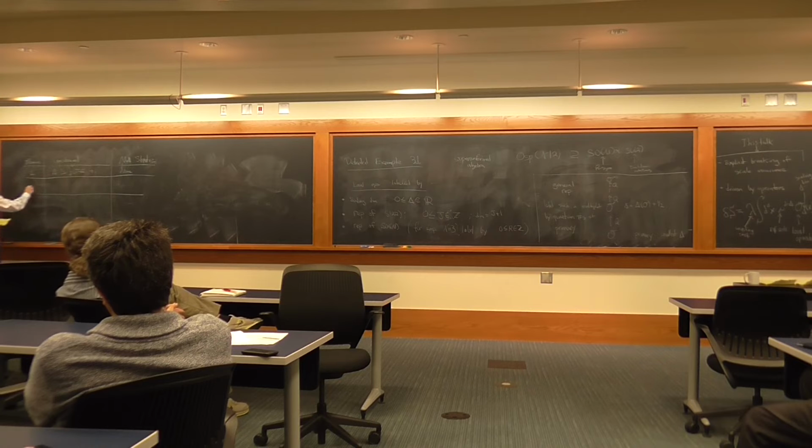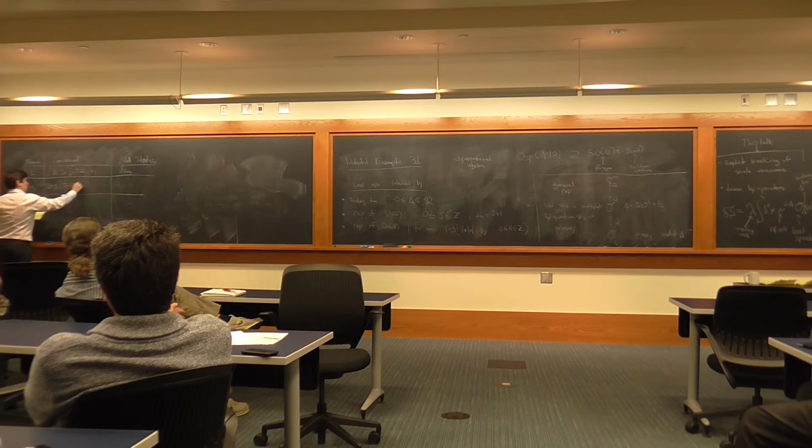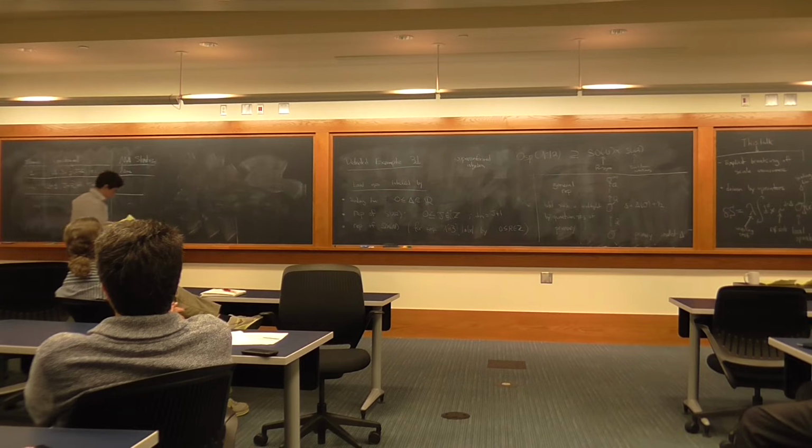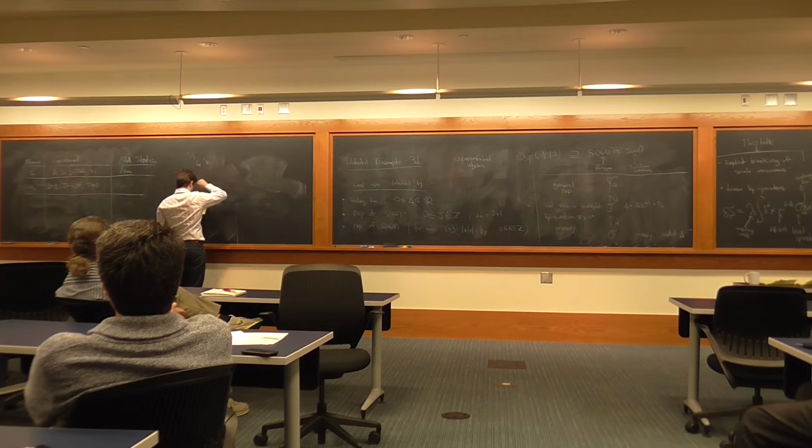Then there's a thing that's called A1. This has delta equals 1/2 J plus R plus 1, and J is not equal to 0. All right, now there are going to be some null states. To write them, I'm going to have to tell you a little bit more about the supercharges. So what are the representations of the Q's?